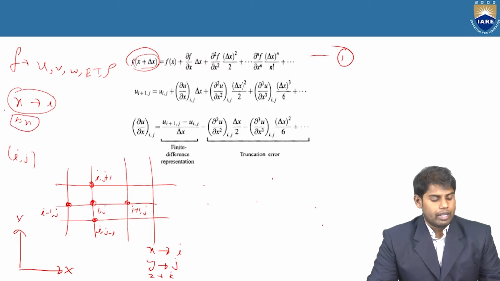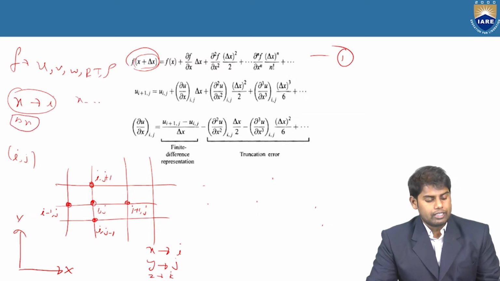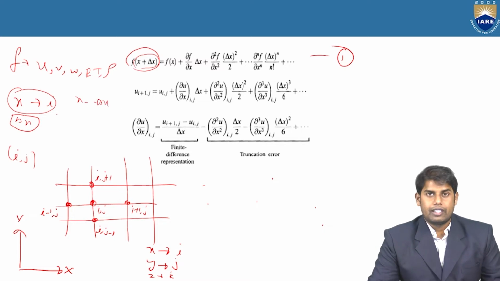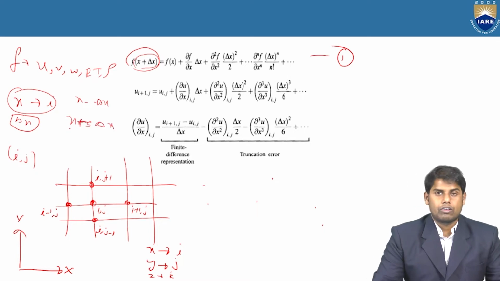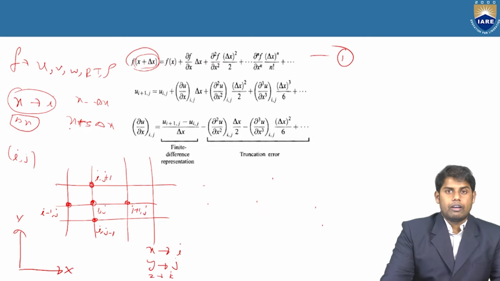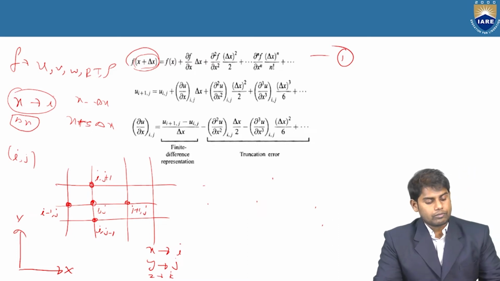If you make it x minus delta x, it is the negative change or backward. x plus delta x is the change forwards. Since it is one time, it is 1 delta x. If you have x plus 5 delta x, it is 5 times the forward change. Okay, so this is what we have, right?